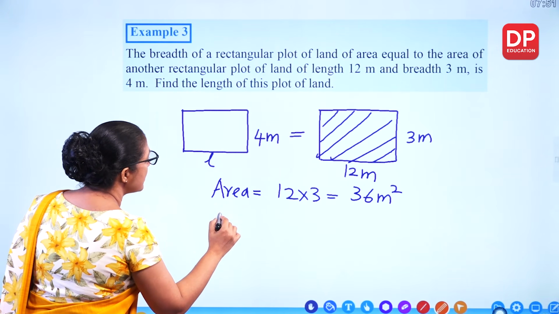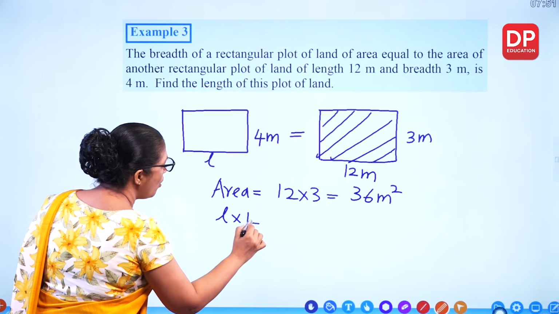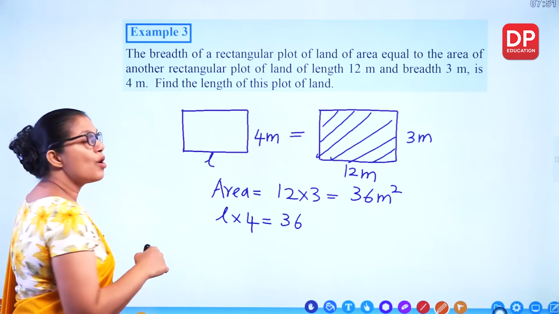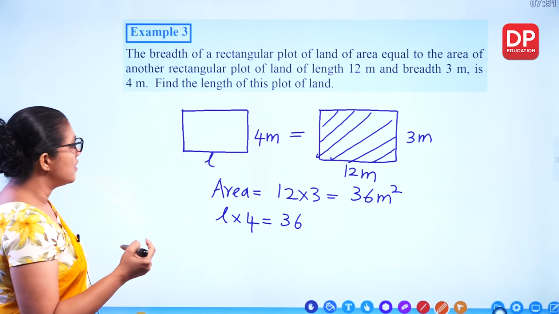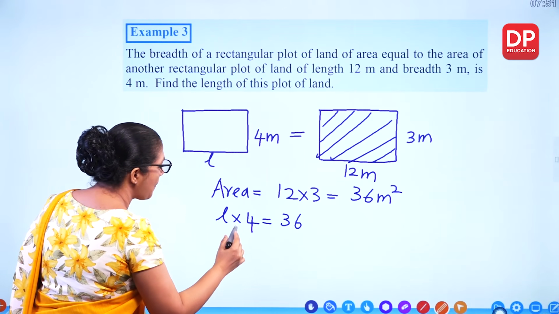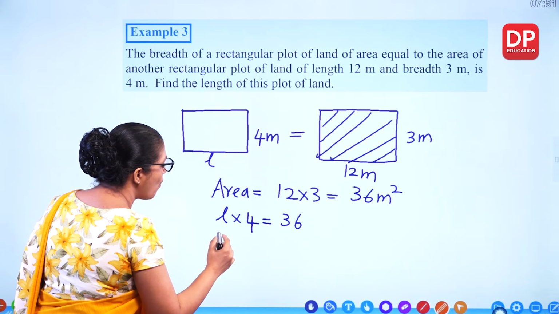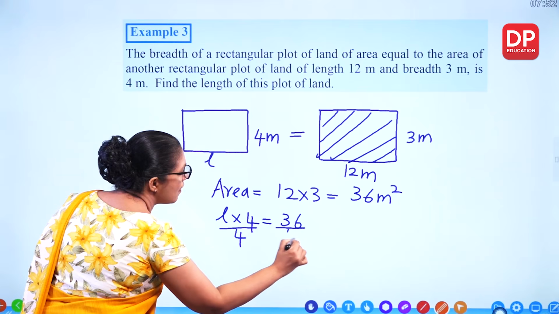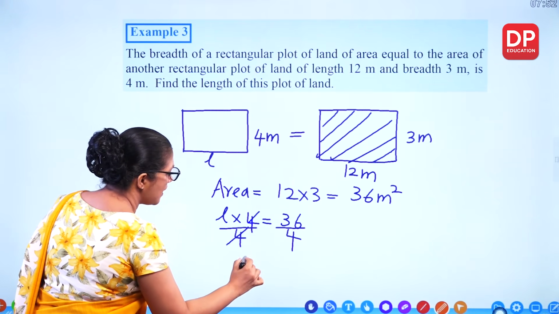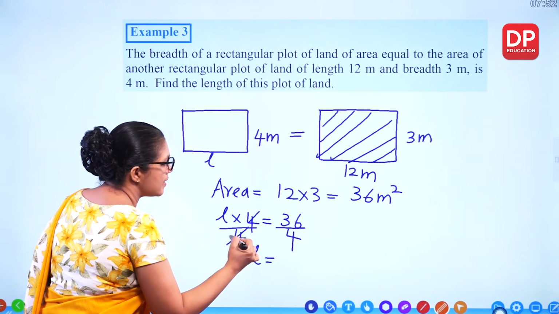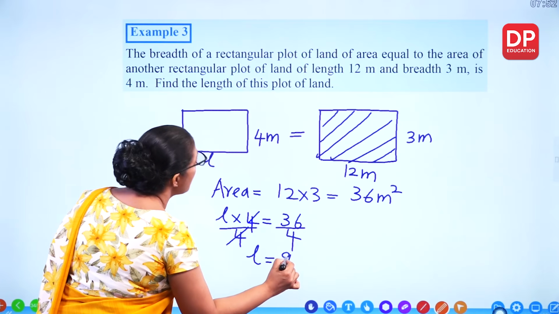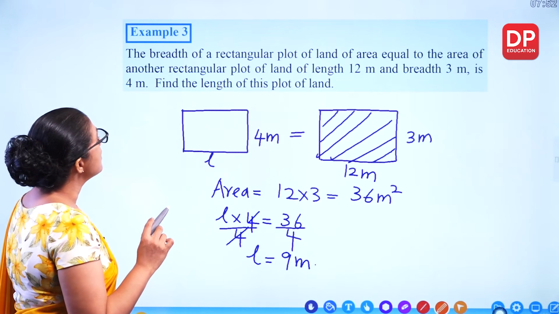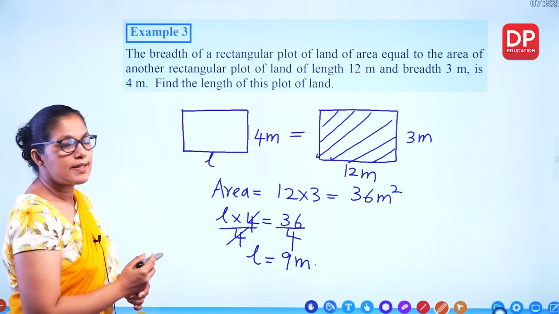So we can write L into 4 is 36 because length into breadth of this rectangle. So how do you find out L? Divide both sides by 4. When you divide, 4 gets cancelled out. So length becomes 36 divided by 4, 9 meters. So the length of this plot is 9 meters long.